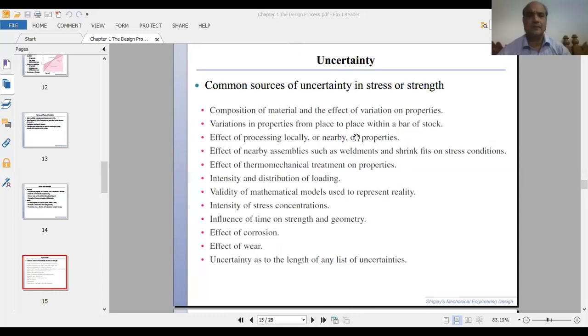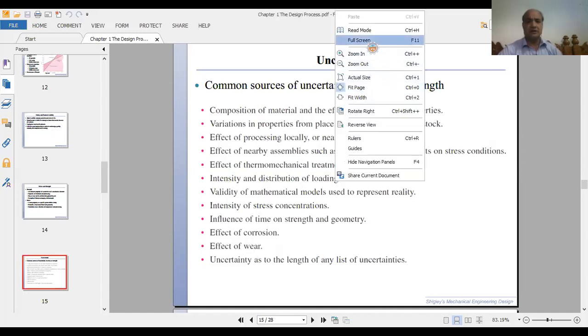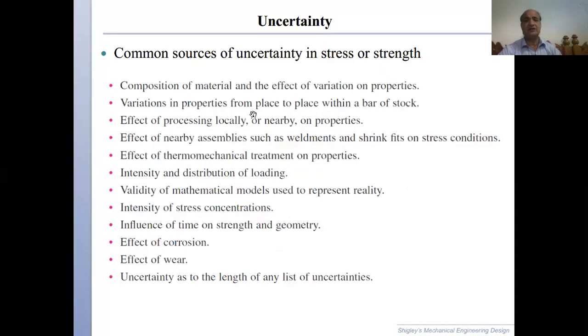For example, the composition of a material, right? Variation in properties of material. There might be some processes that are happening nearby, and the effect of those on the properties of a material.